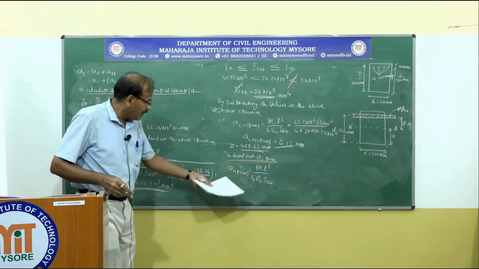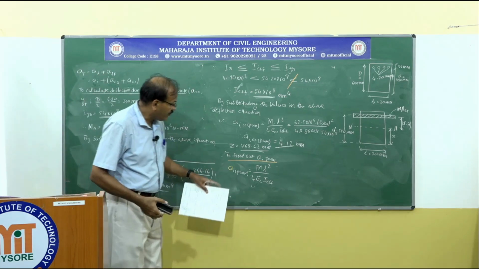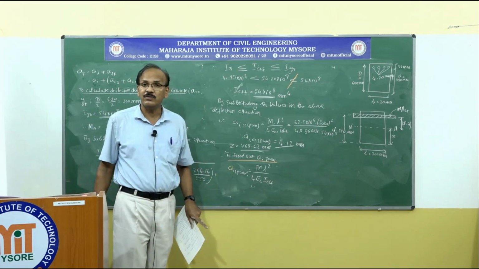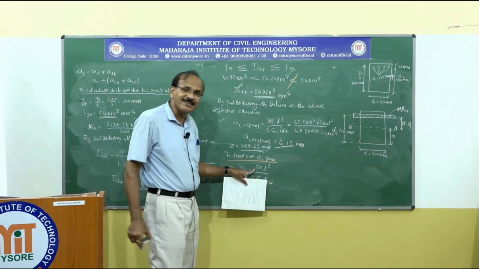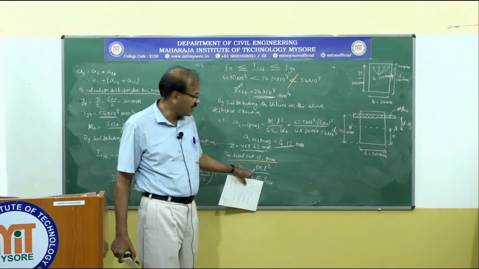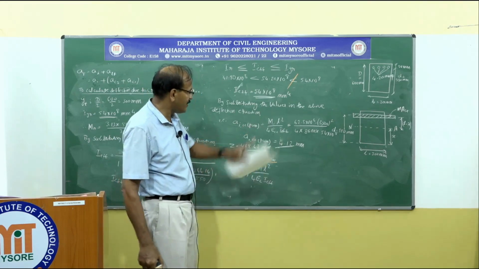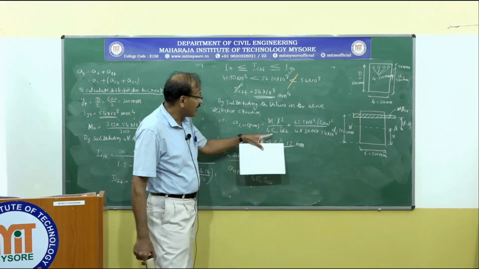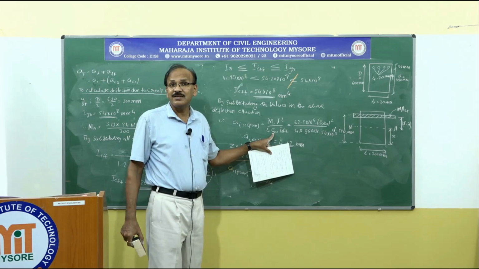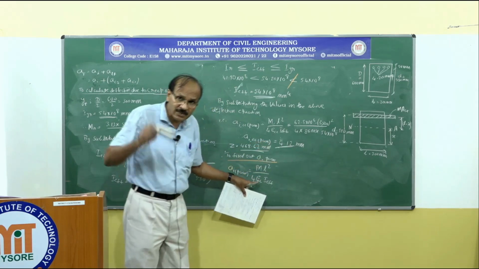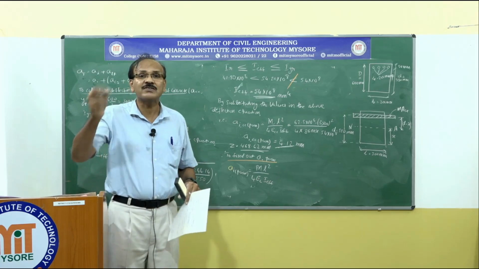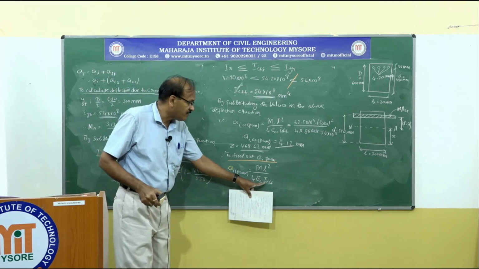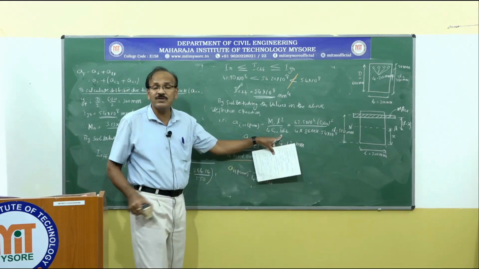Again, the next step is to find out the immediate deflection due to permanent load. What is M? That is 62.5 multiplied by 10 to the power of 6 Newton millimeter. As usual, when it comes to Ec, that is Ec equal to 5000 root of fck, as given in the code book on page 16. And what is I effective? This I effective is not going to be the same as this one.